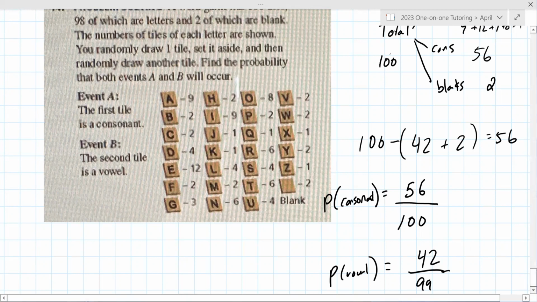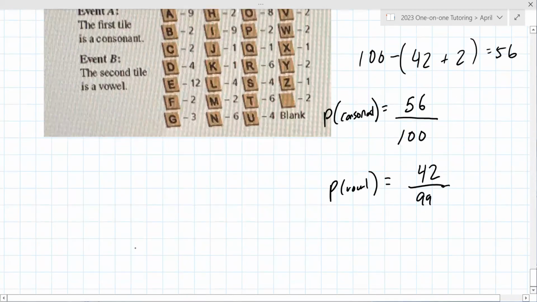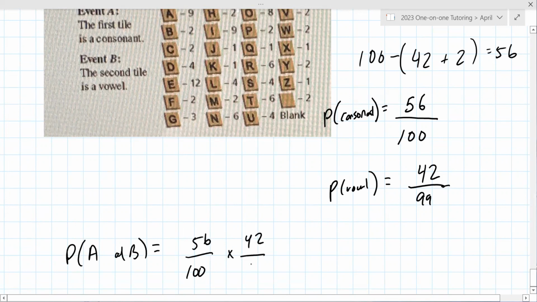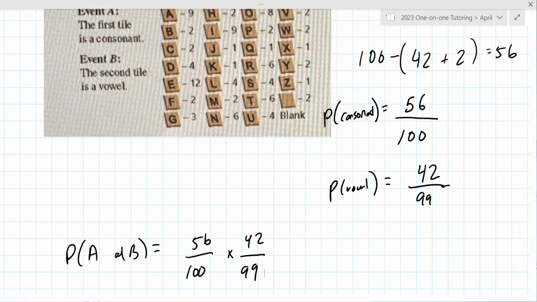All right. So event A, probability of A and B is 56 out of 100 times 42 out of 99. And this one almost certainly you'll want to round to the nearest decimal, probably. I mean, you can ask your teacher what they want.